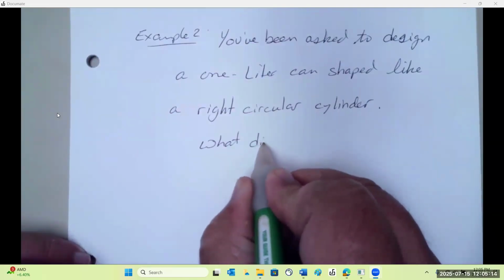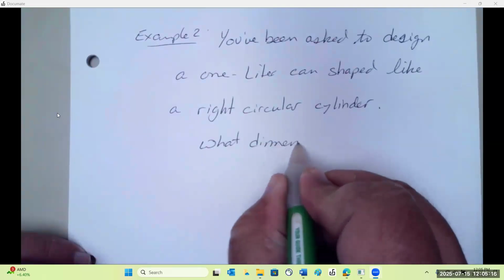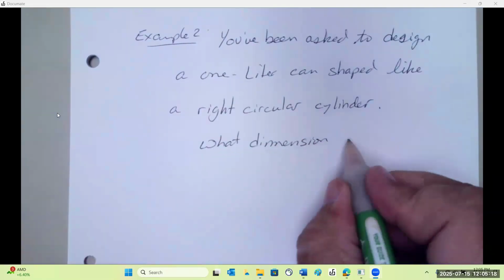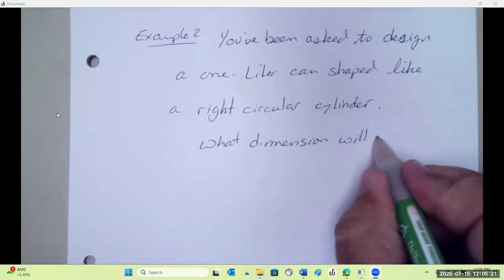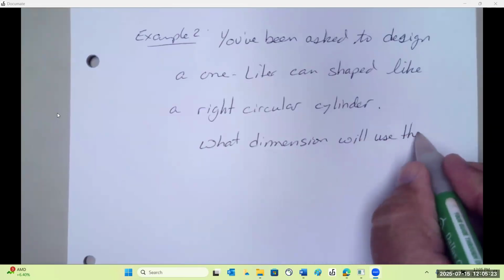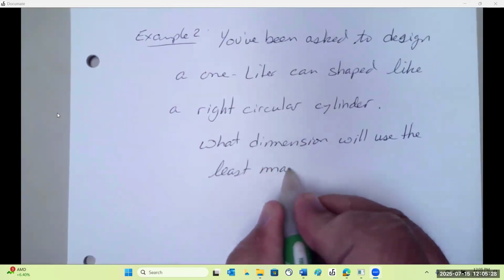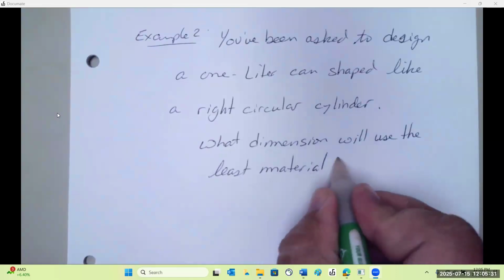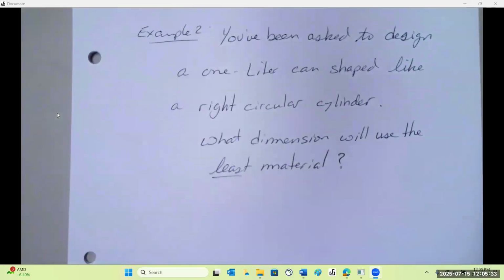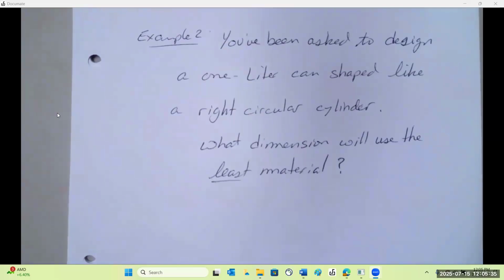What dimensions will use the least material? We know it's optimization because it's asking for the least. You're asked to design a 1 liter can shaped in the right circular cylinder.